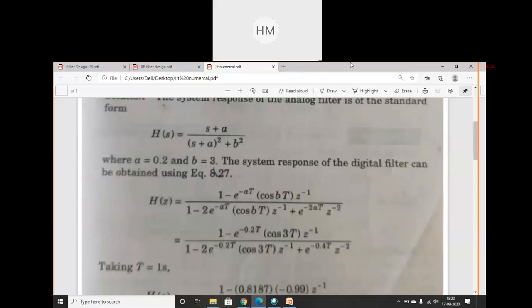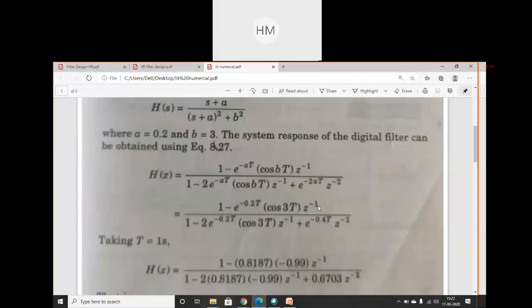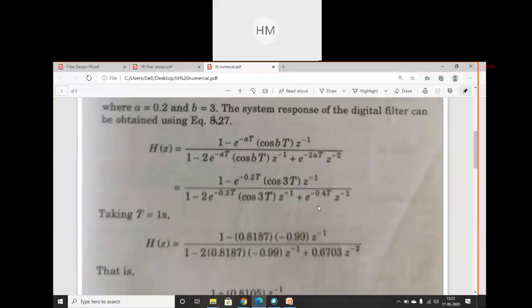What answer did you get? What answers are you getting? This kind of equation. So H of Z is this. All of you getting or not?